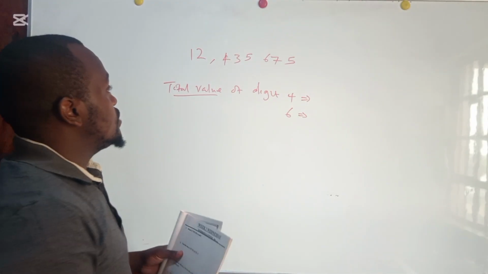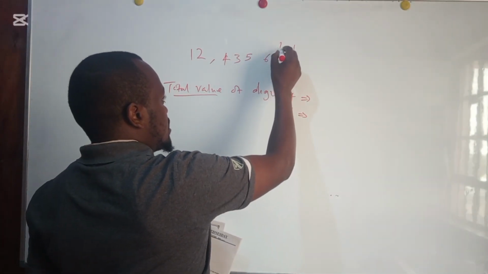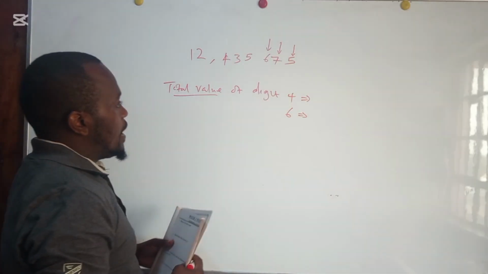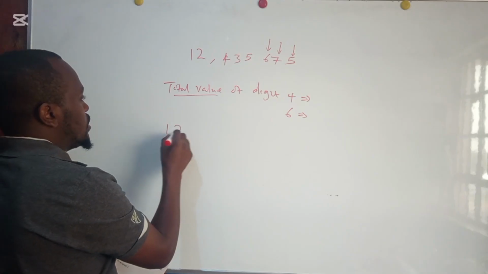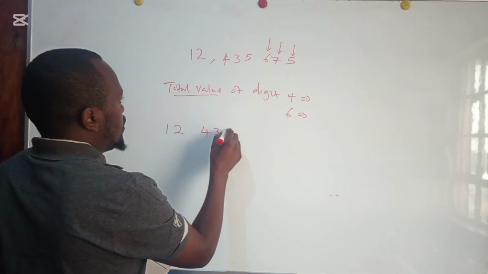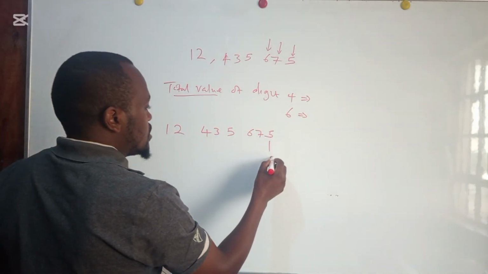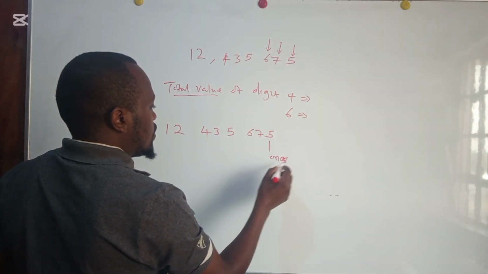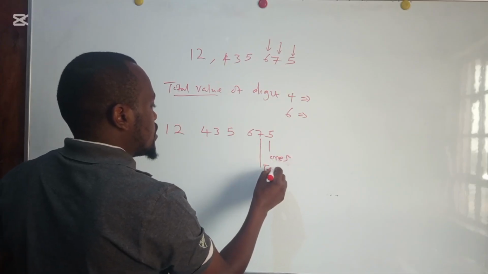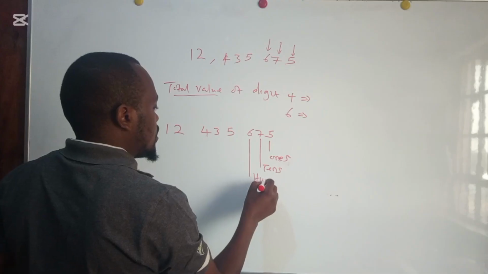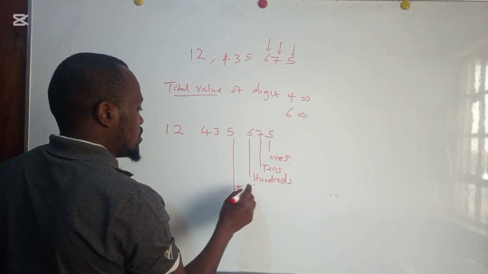When you're talking about place value, you say this one is ones, tens, hundreds. So we can have it here: 4, 3, 5, 6, 7, 5. This is ones, tens, hundreds, thousands, sorry.